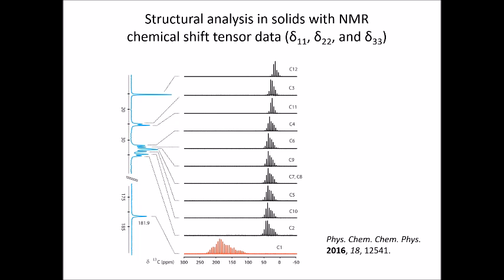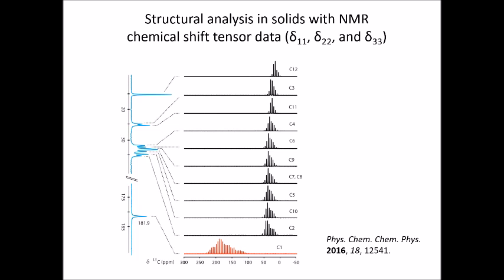In our group, we've done structural analysis in solids with something called the chemical shift tensor. It's given by three different shifts for every nucleus that show the shielding in the X, Y, and Z direction. We typically don't know which is X, Y, and Z, so we just list them by magnitude as δ11, δ22, and δ33, with δ11 being the largest and δ33 being the smallest.